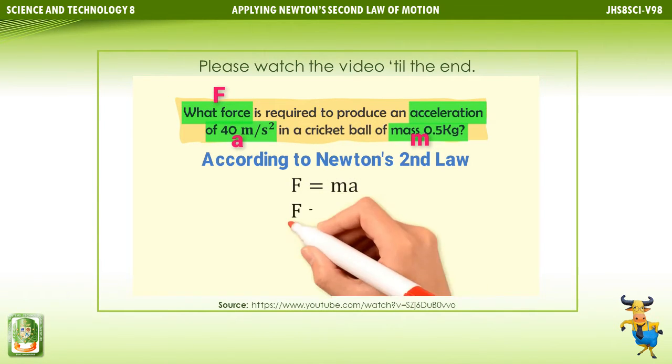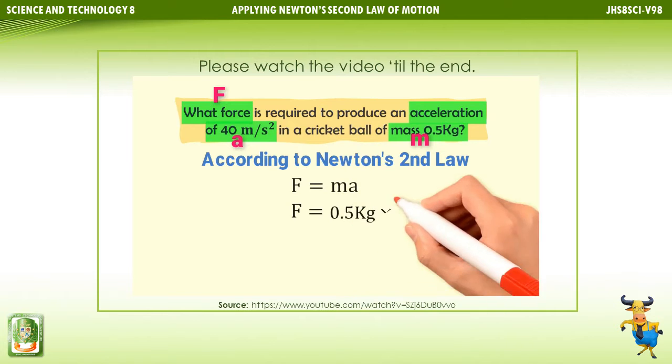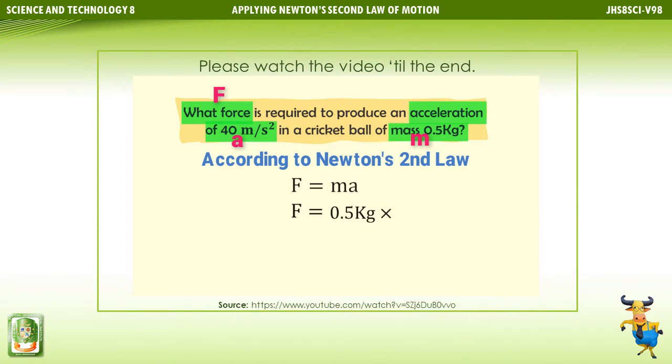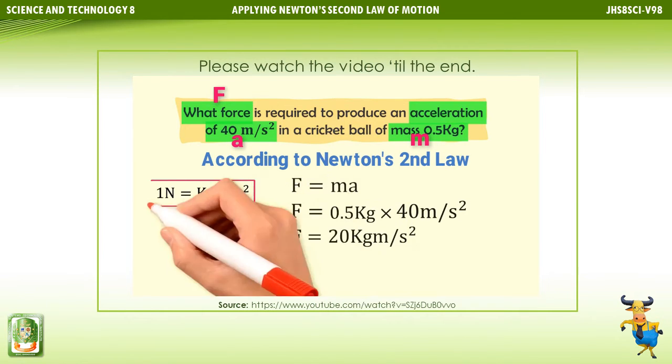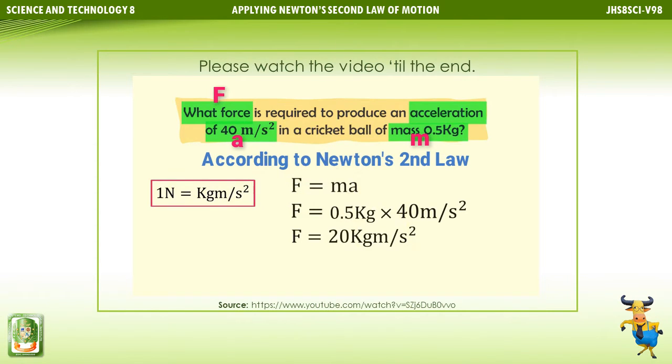Thus F is equal to mass m, which is 0.5 kg, times acceleration a, which is 40 meter per second square. Hence, as a result, F is equal to 20 kg meter per second square. We know that 1 kg meter per second square is equal to 1 Newton.